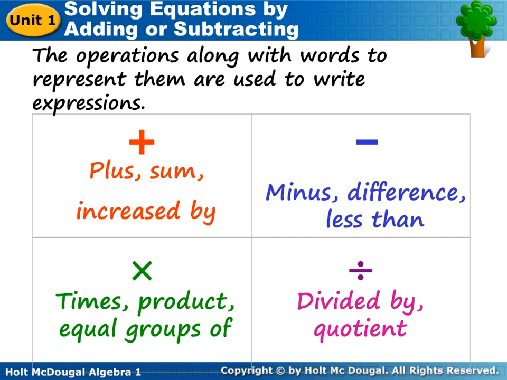The operations along with the words used to represent them. Some things that will really help you out: whenever you see an addition sign, the words that should correlate with it are plus, sum, increased by. Everybody knows what a plus sign is.